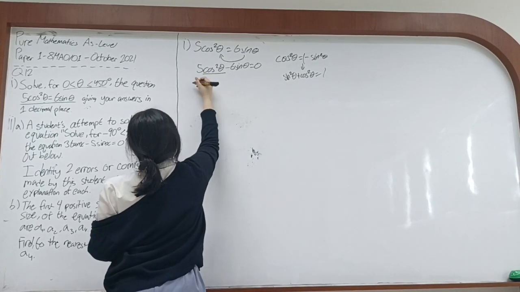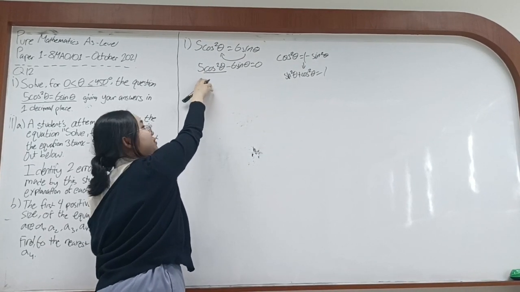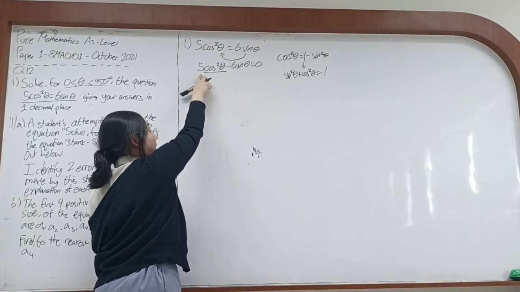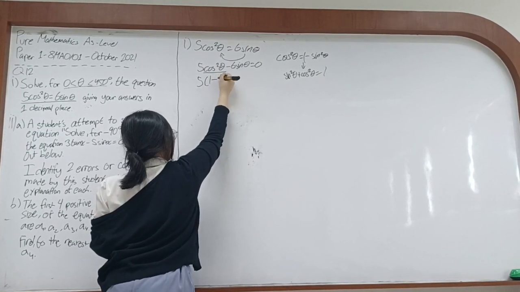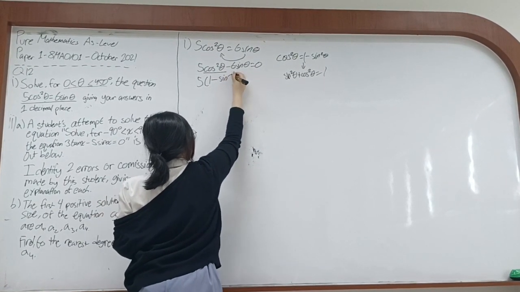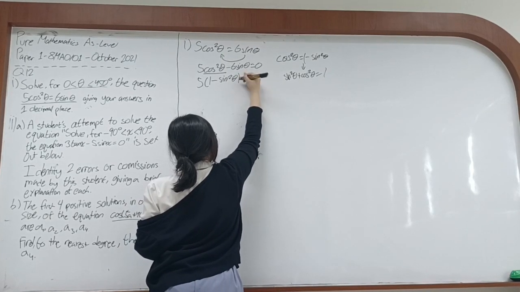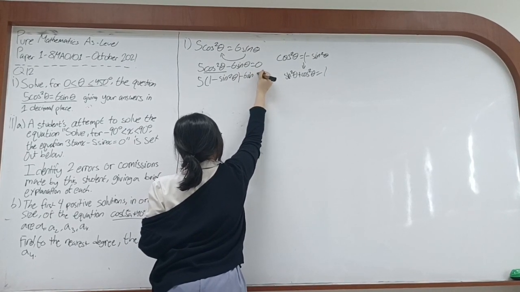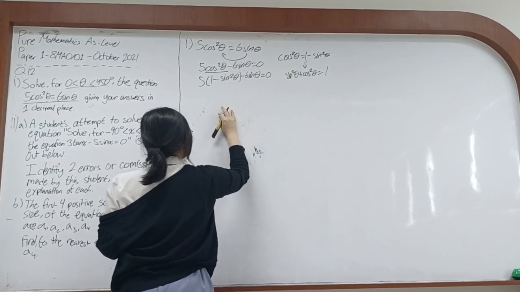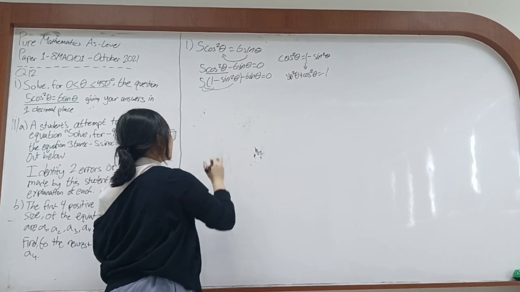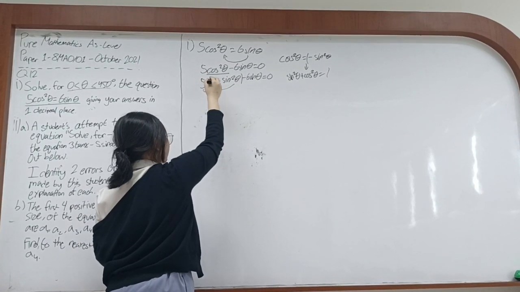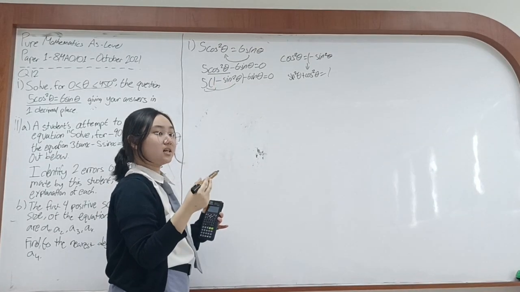So let's change this now. We have to notice first that it's 5 times cos squared theta. So we can just put 5 in the brackets, 1 minus sin squared theta in the brackets, minus 6 sin theta equals 0. And now we can just multiply them in. By the way, if you want to directly put 5 minus 5 sin squared theta, it's fine.